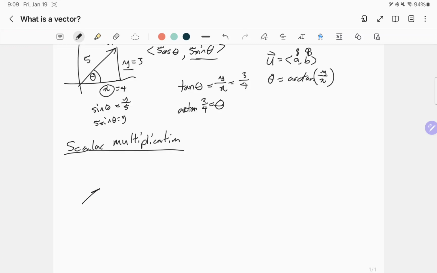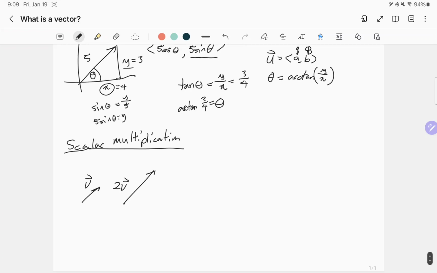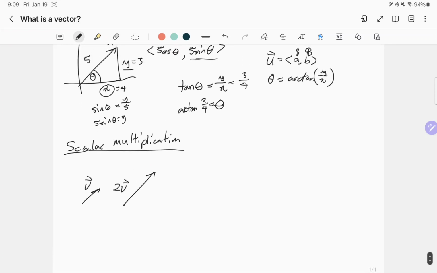So let's think about it like this. Let's just say this is my vector v, and I multiplied it by 2. So what would I get if I drew out 2v? Well, naturally, it's something that is 2 times the length of the first one. But notice how the direction does not change. So I should probably note that. Direction doesn't change.